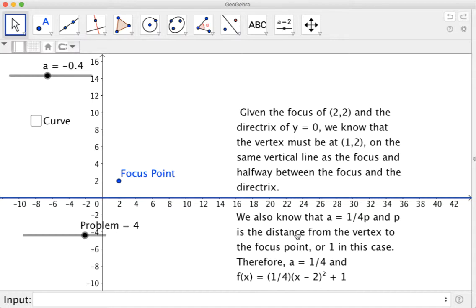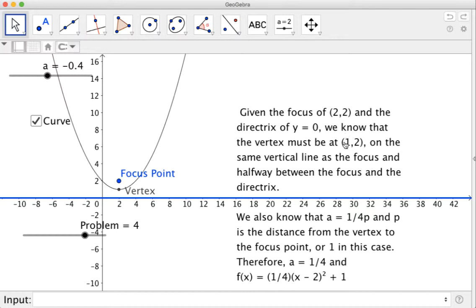We also know from our previous work that a is equal to 1 over 4p, and p is the distance from the vertex to the focus point, or in this case 1, because the distance from our vertex to our focus point is 1, and that's the same distance as the vertex to the directrix line. So we know therefore that a has to be equal to 1 over 4p, and therefore that a is equal to 1/4, because p is equal to 1.